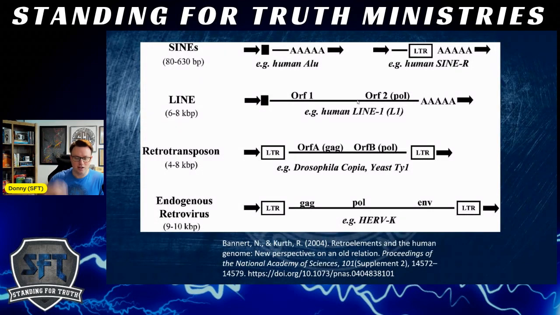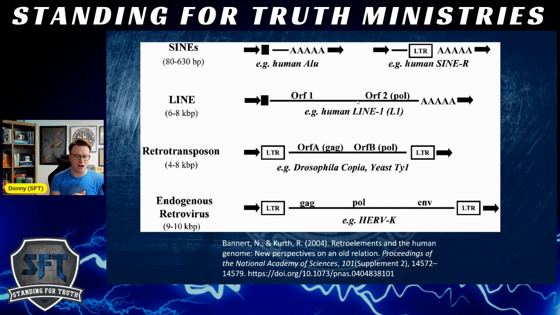So you can see here at the bottom, endogenous retrovirus, exactly what I was explaining earlier. A visual, I think, is going to be helpful. And so we have host DNA duplicated on either side of the provirus.